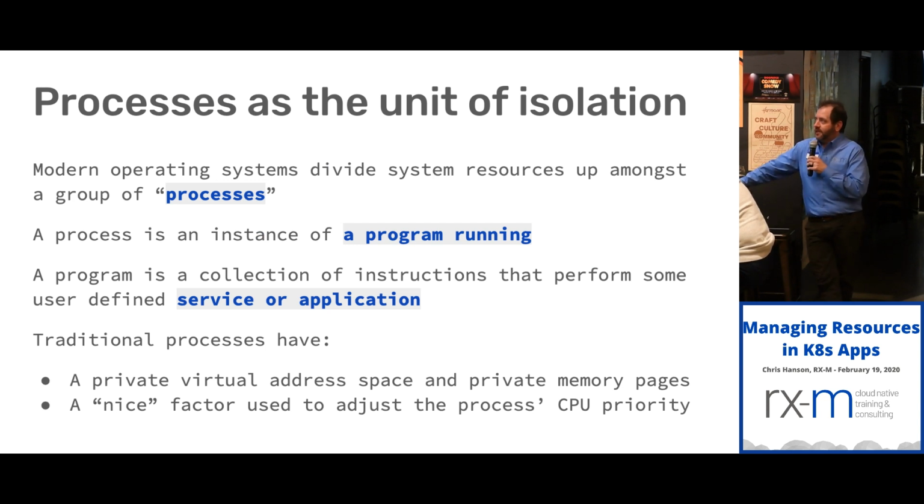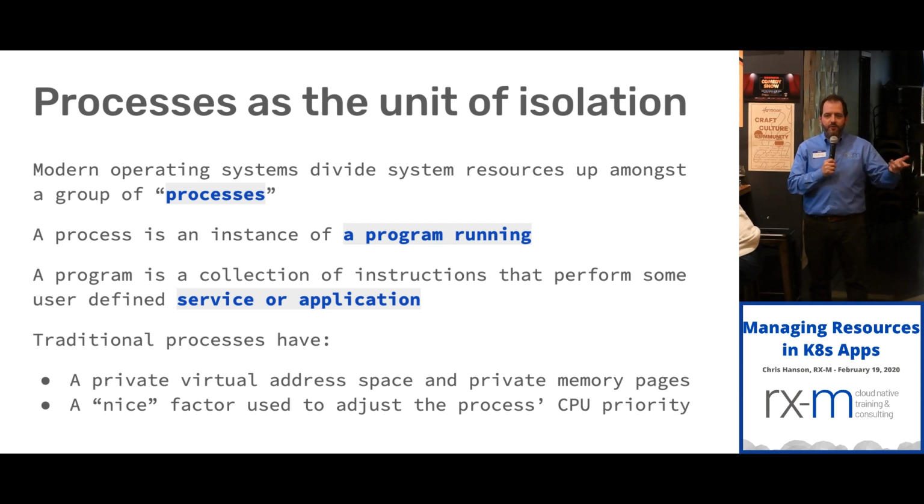So processes as a unit of isolation is where we're at with modern applications, right? We define these system resources amongst a group of processes, and essentially that's our program, right? We've got a series of instructions.